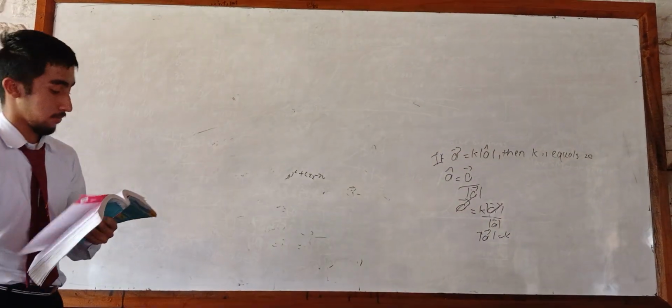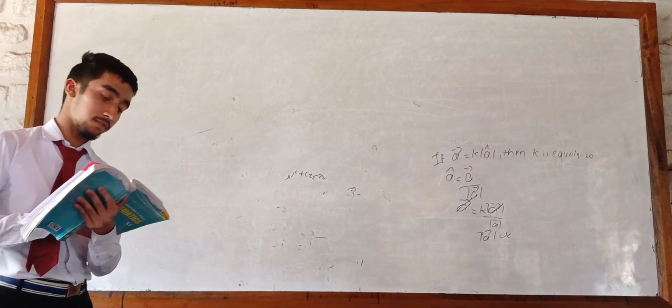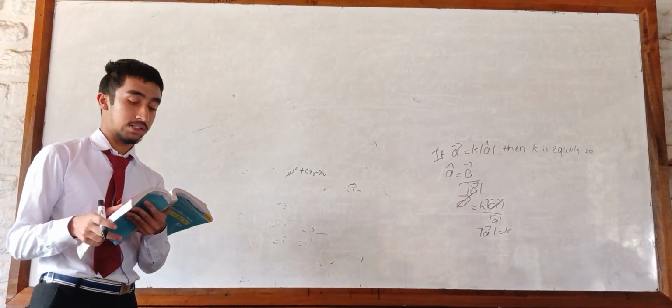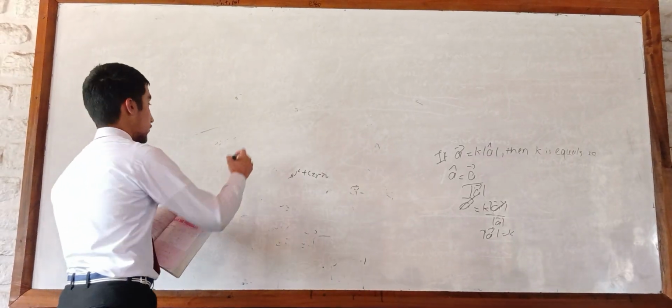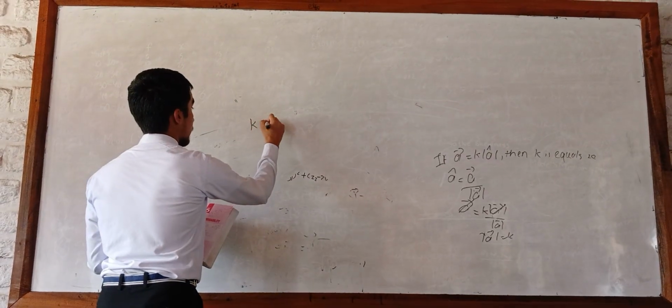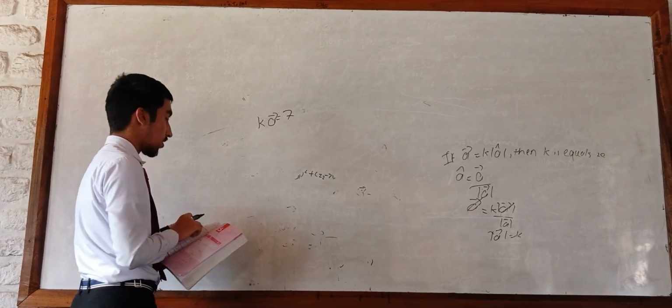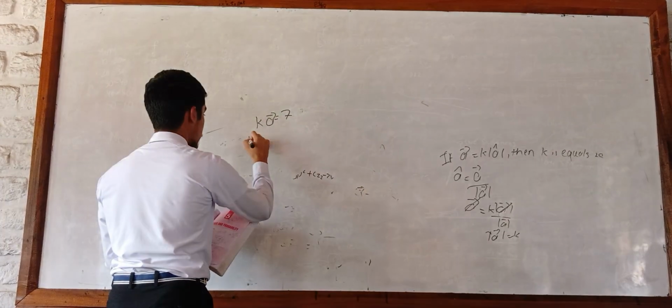The vector of magnitude 7 in the direction of A vector equals 3i vector minus 2j vector plus 6k vector is. For this we can consider our k variable with magnitude 7. Now the value of A vector is given.